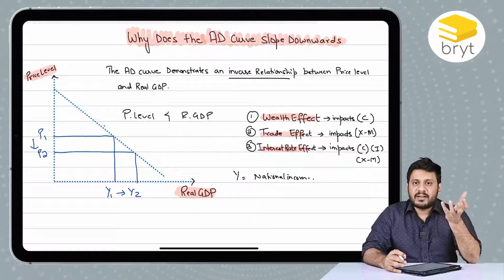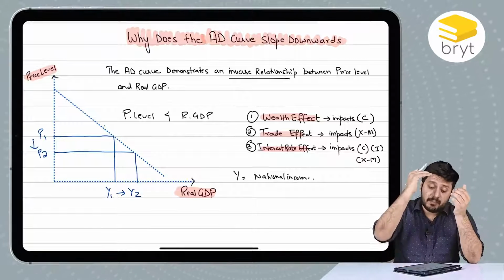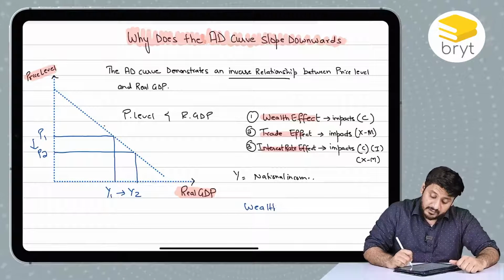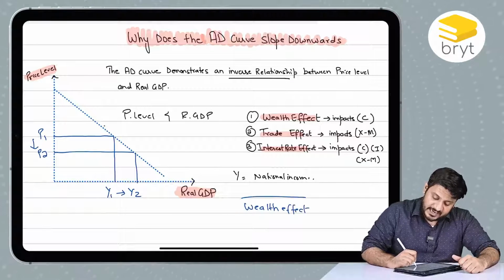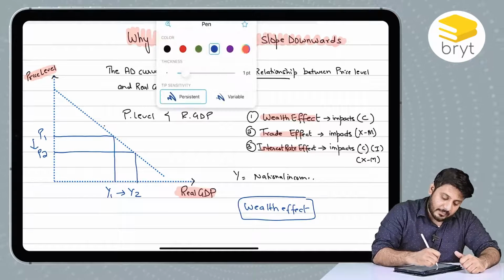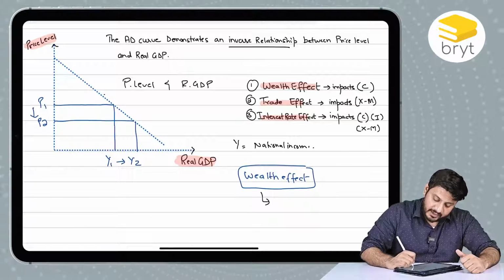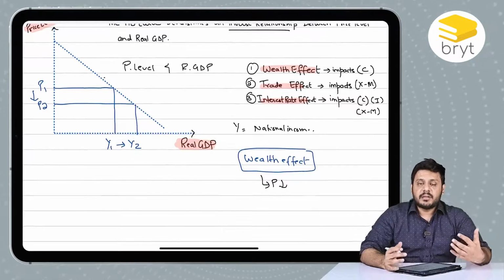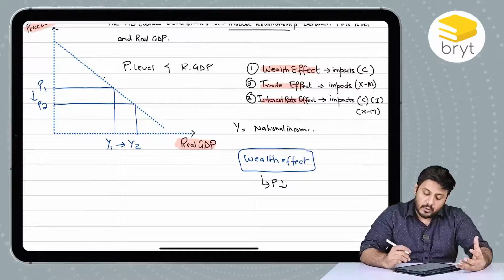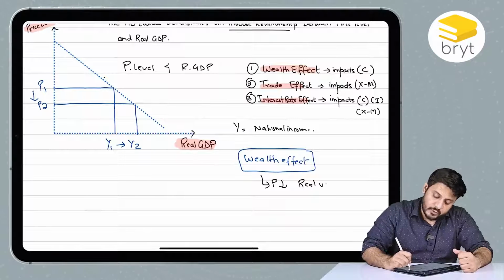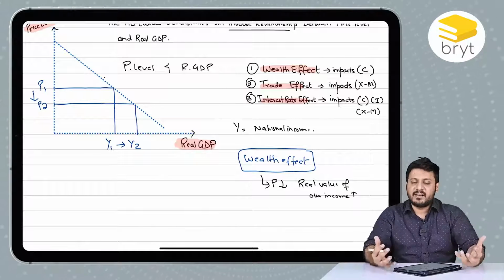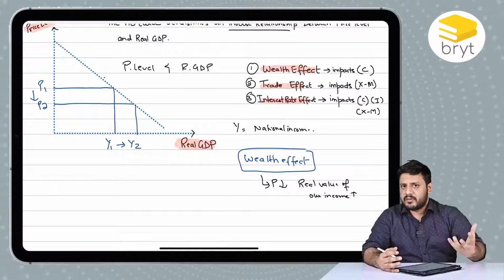The wealth effect tells us that whenever the price level falls, whenever inflation goes down, the real value of our incomes would rise, which increases our purchasing power.